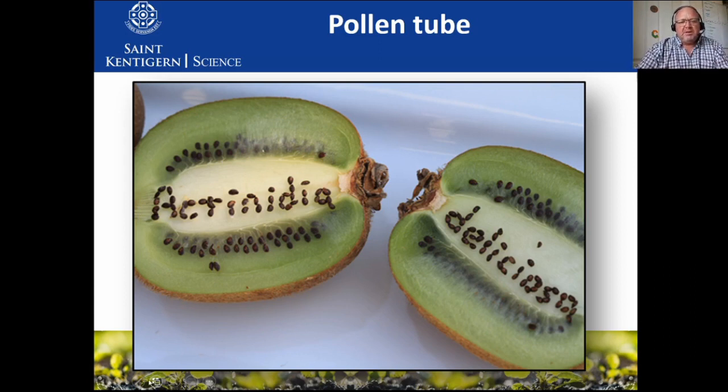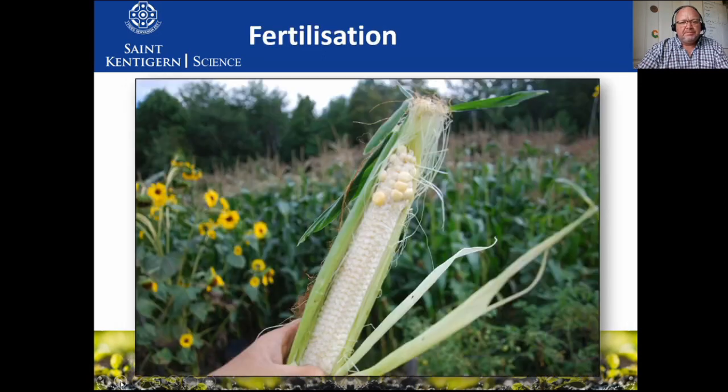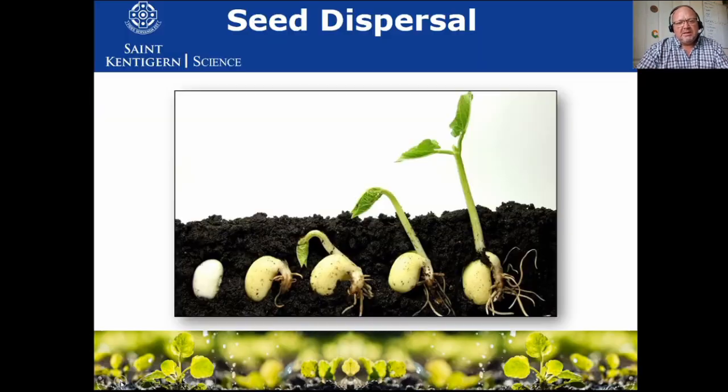So next time you cut open a kiwi or a strawberry, have a look at the pollen tubes. We watched this cool video about the blowflies being trapped, and then all the pollen being released on them, so that the next day they can fly away and spread the actual pollen. So today we have to talk about seed dispersal.